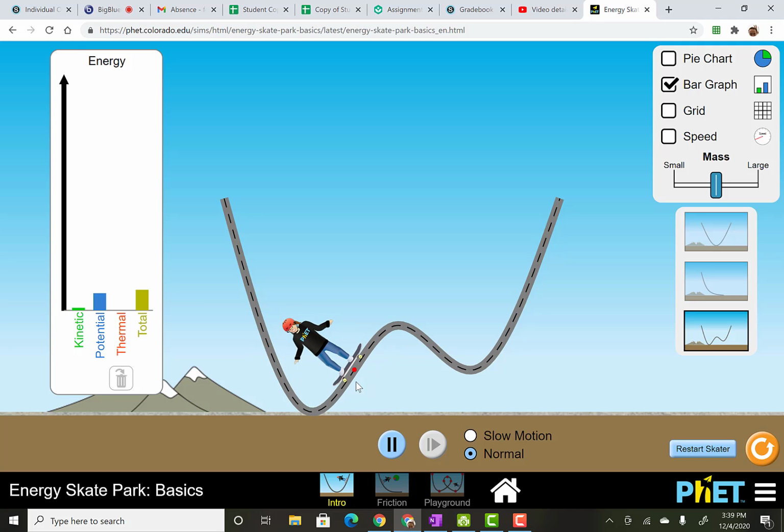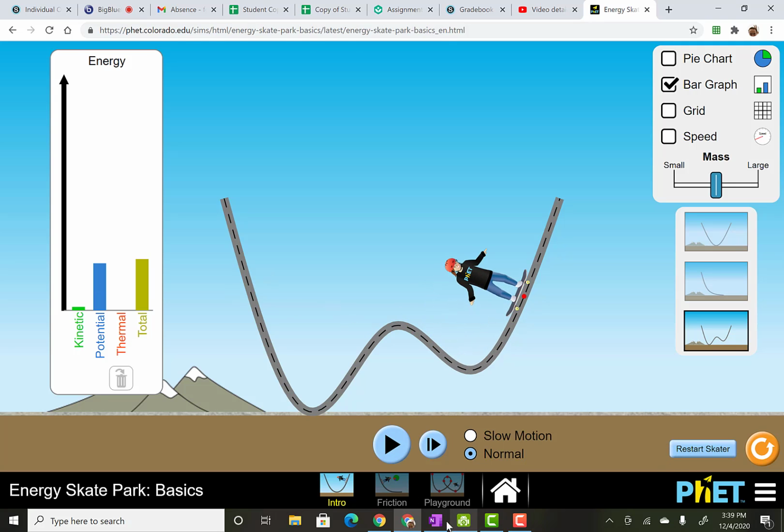Where if I go up here, well now she has enough energy to go up over this hump and make it around here, right? So the total energy of this system is all around here like that. And she can just keep oscillating back and forth. The energy changes between potential and kinetic, but the total energy stays constant.